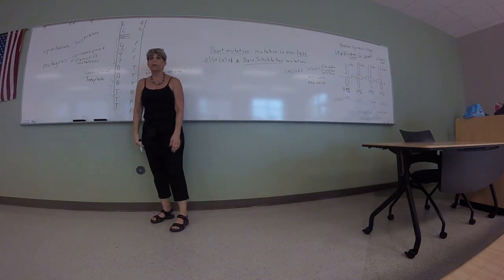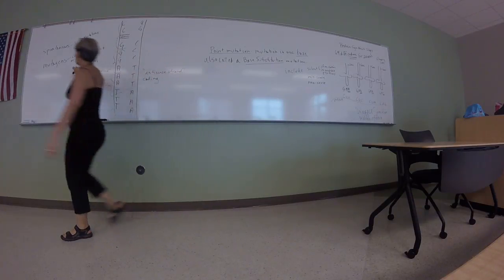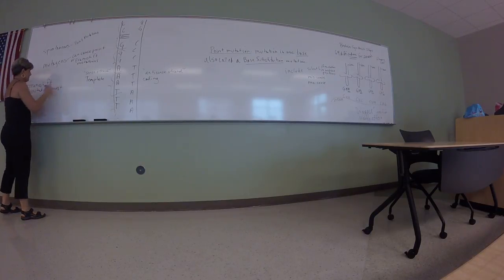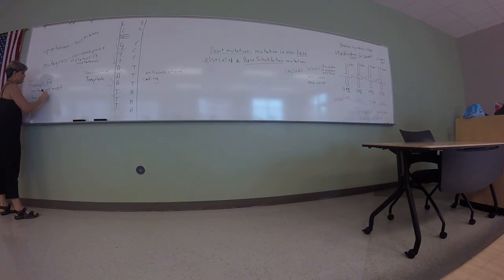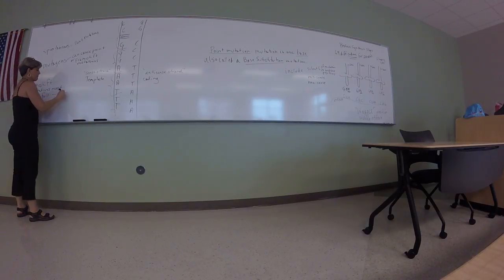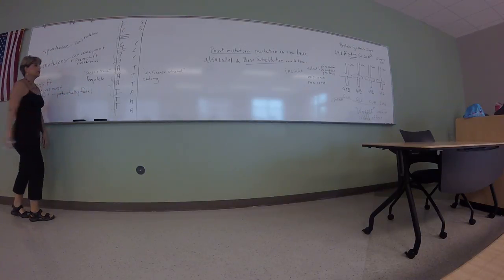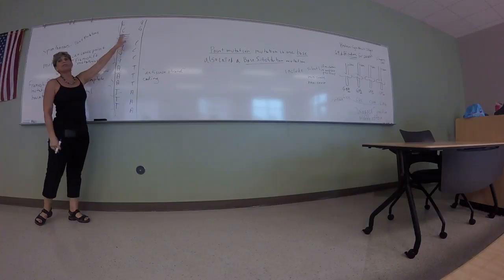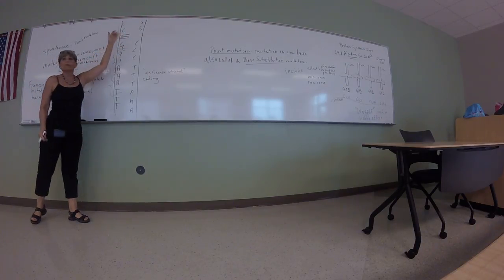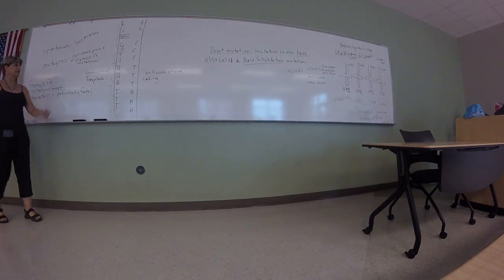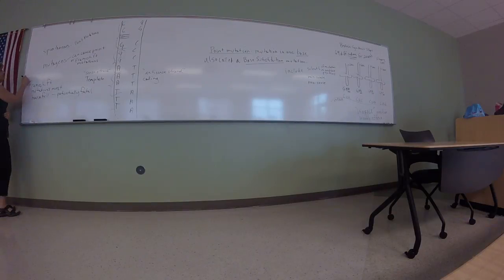So a frame shift mutation is the most fatal or the most harmful potentially, because not only will it screw up the letter that it binds to, but it will screw up every codon after that because it shifts the reading frame of the gene.